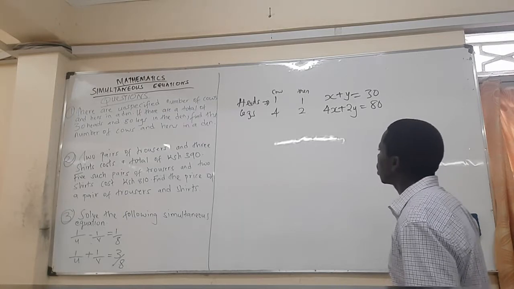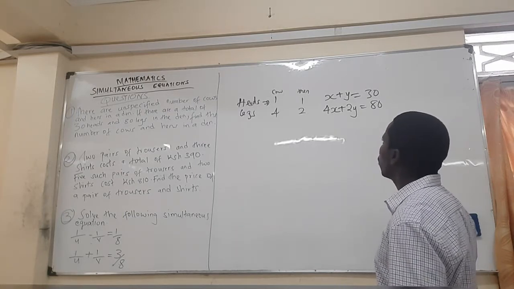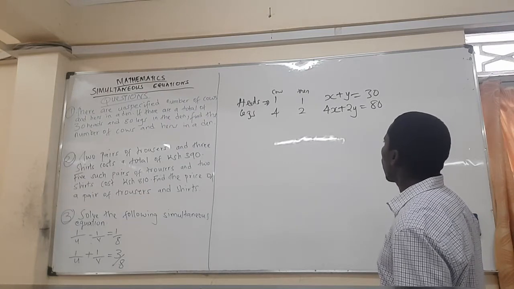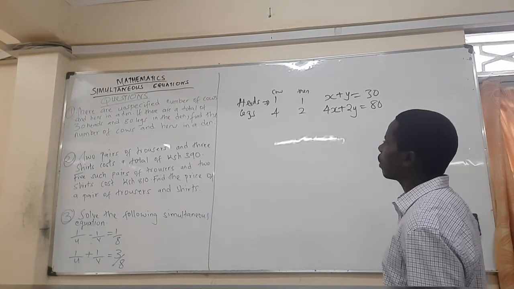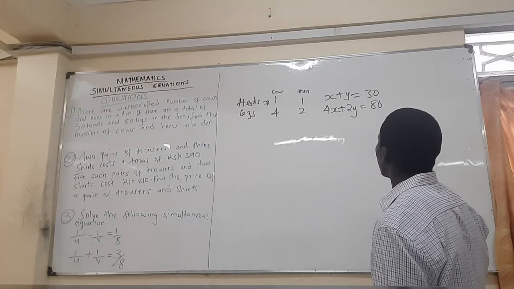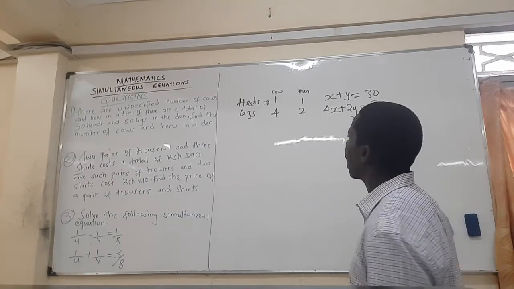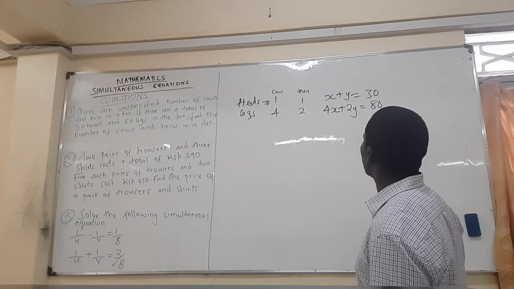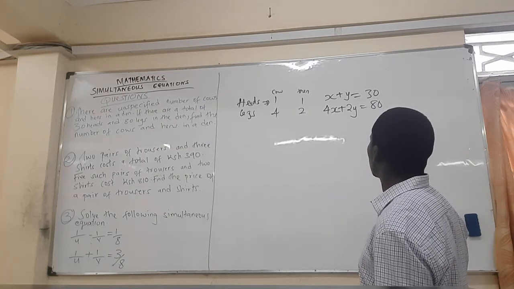The next thing is to solve using either the substitution or elimination method. This kind of question is general, so you can use either method, unless you have been advised to use a particular method. Let's use the substitution method.